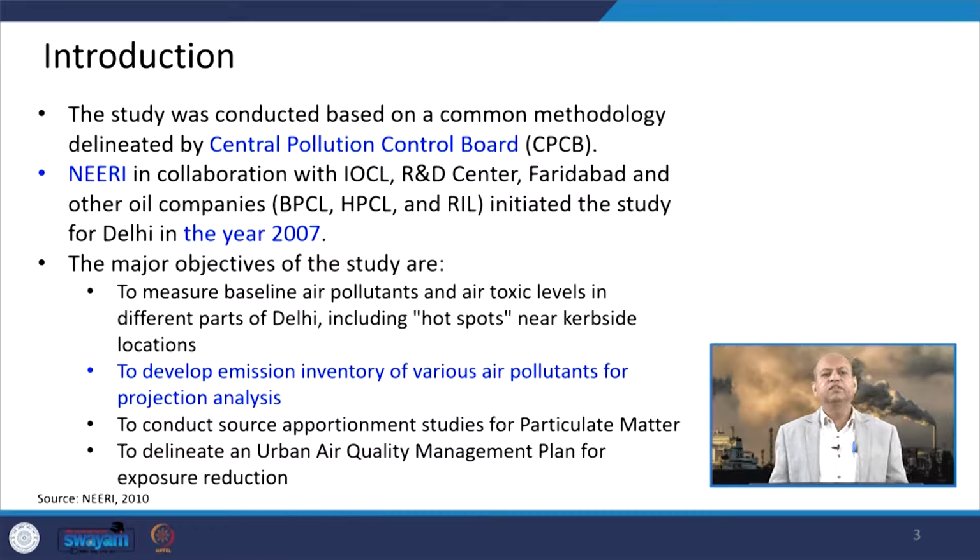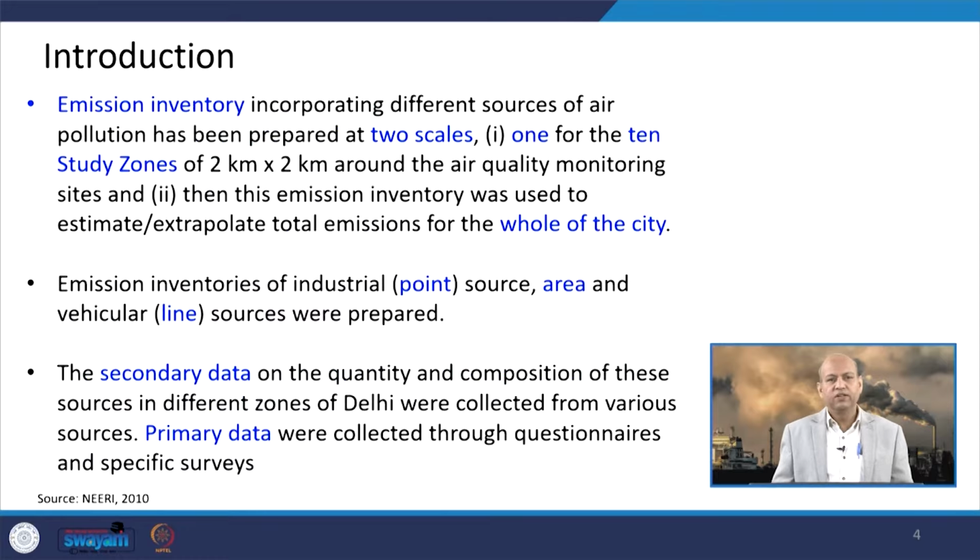Then to delineate an urban air quality management plan for exposure reduction, that is also not part of this, but we will touch on the lessons we can learn from the results of this particular emission inventory.